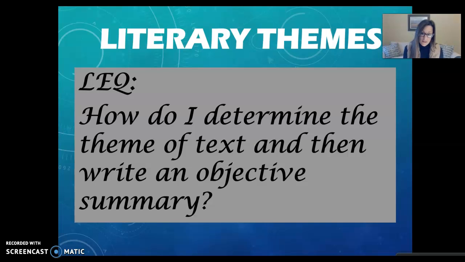Summarizing is a skill that you guys use every day. You don't even realize it sometimes, but summarizing is one of those skills that is a necessity to be able to pick out the main points in anything, and to be able to summarize it in your own words is a really important skill.